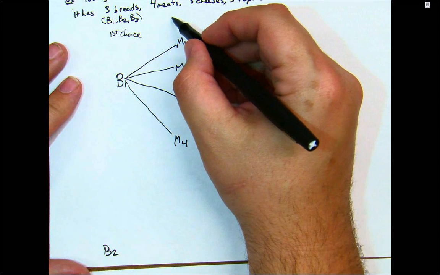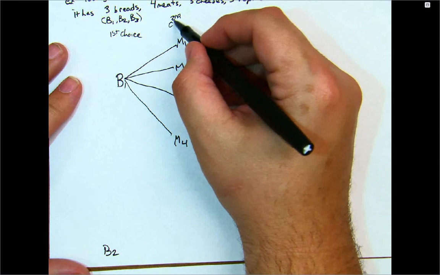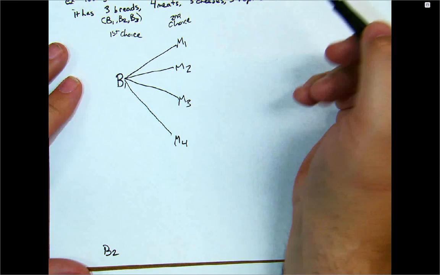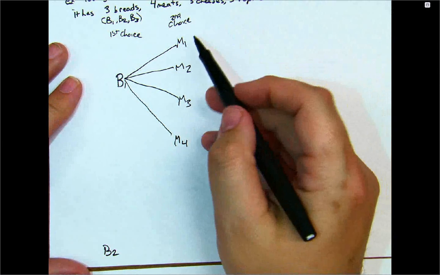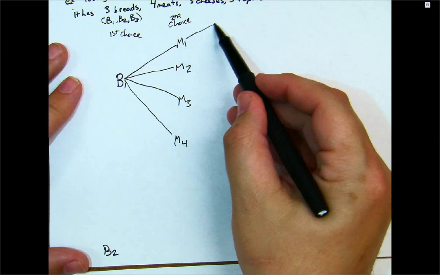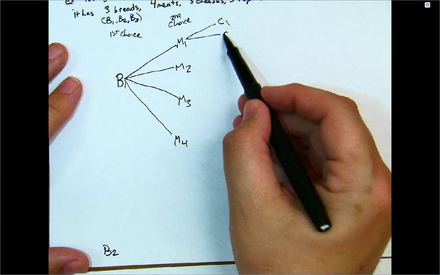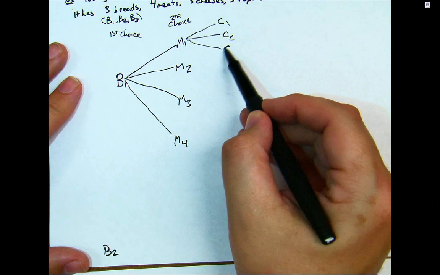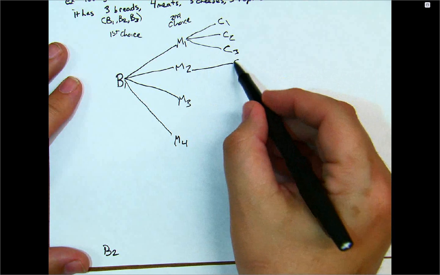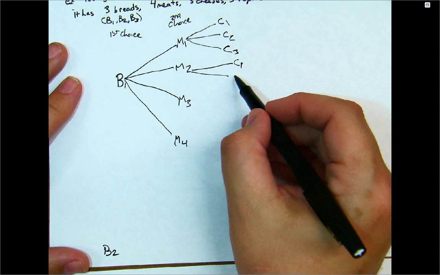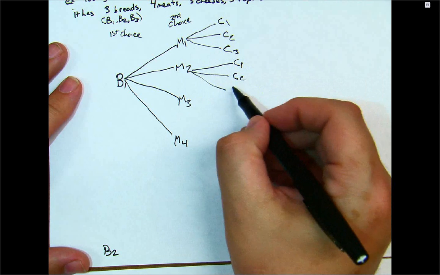So this is the second choice. There's going to be 3 cheeses. Do you see the problem that comes up with this? That's a lot of choices. We still need to do the other 2 breads.